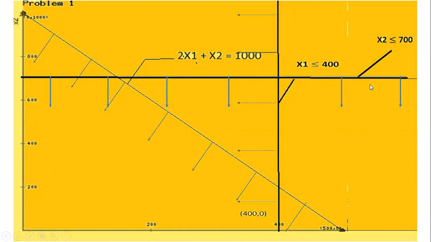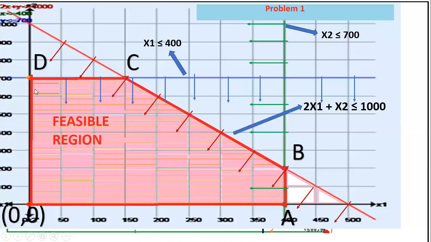So my common feasible area will be this one, towards the left side and the downward direction. So this is my origin. A, B, C, D is my feasible region, that is the common region which satisfies all the equations.